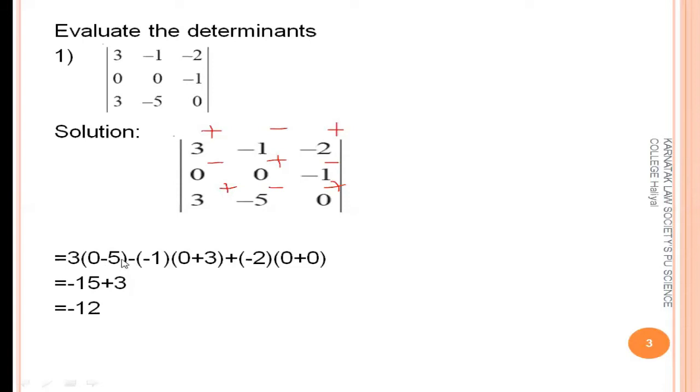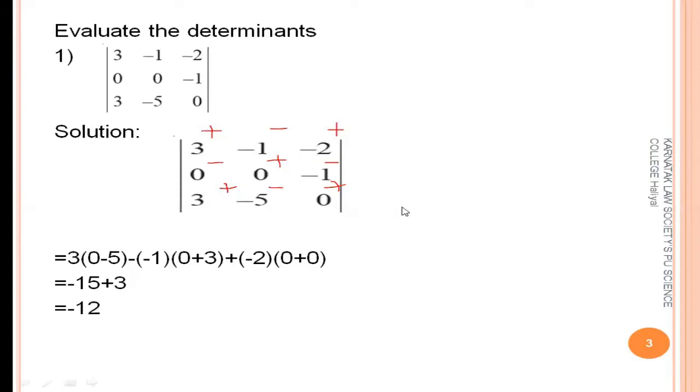So in the formula it is minus. And the next number is minus 1. That minus you keep as it is. Deleting that row and column, just multiply first 0 into 0, that is 0, minus, and here also you will get minus 3. So it becomes plus 3.